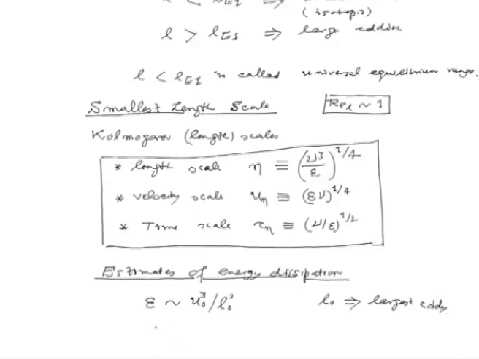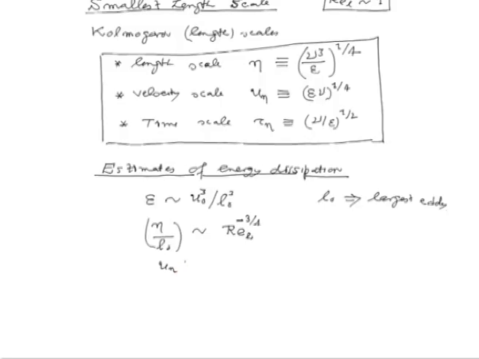And we can easily say that eta by L0 is of the order of Re L0 to the power minus 3 by 4, and u eta by u0, that is the ratio of the velocity scale for the smallest eddies to the largest eddy, is of the order of Re L0 to the power minus 1 by 4.